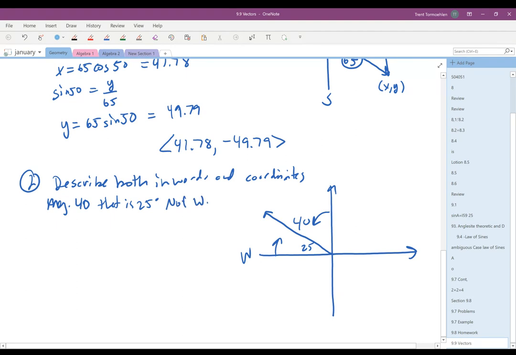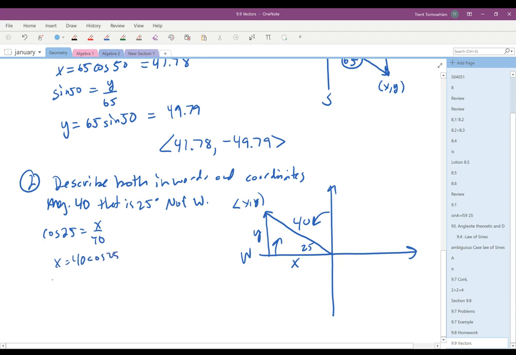And then to get the coordinate, remember that this is going to be x comma y. Your x value is your horizontal value, your y value is your vertical one. So the cosine of 25 equals x over 40, and so x equals 40 cosine 25.